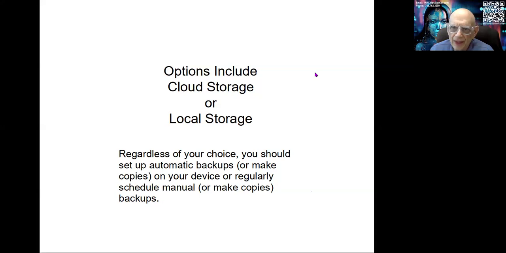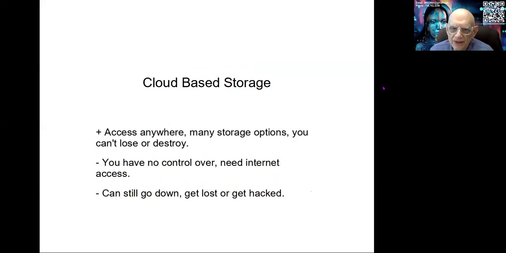I make sure every weekend, if I haven't done it sooner than that, that I make copies. I don't back up. I have automatic backup set up, but I make copies myself. I just program myself to do it every weekend, again, to make sure I haven't lost any updates.